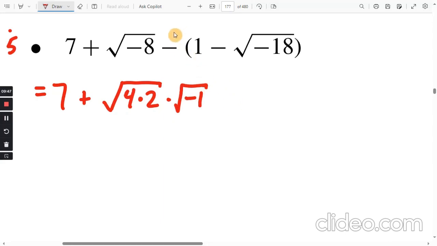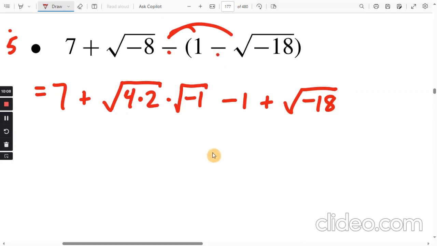And distributing here, negative 1, and the negative of negative radical negative 18 is going to be positive radical negative 18, because negative times negative is positive.